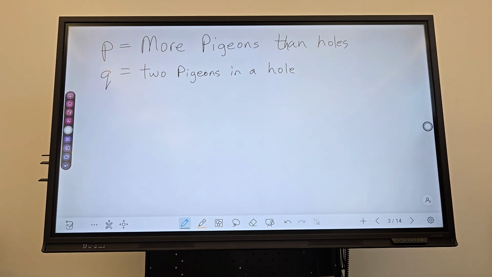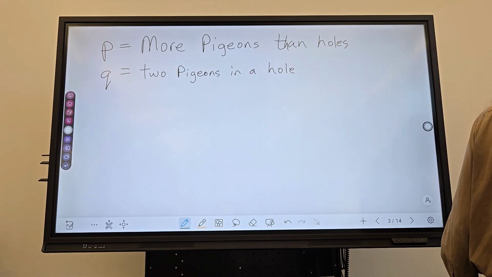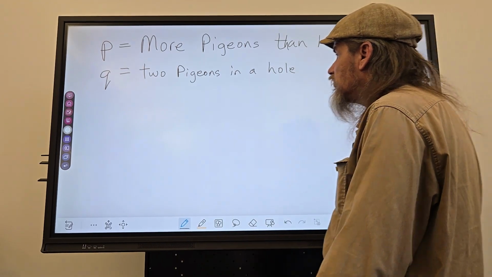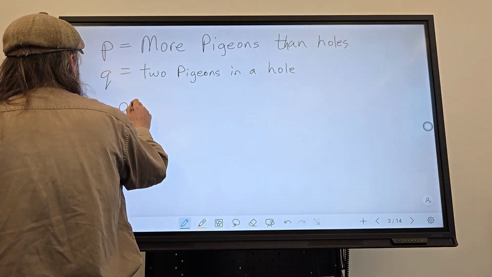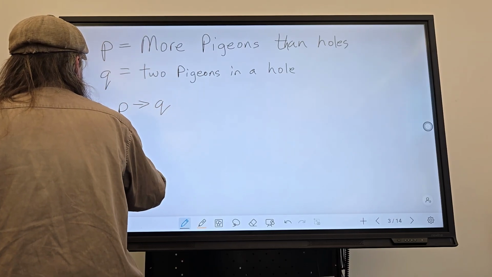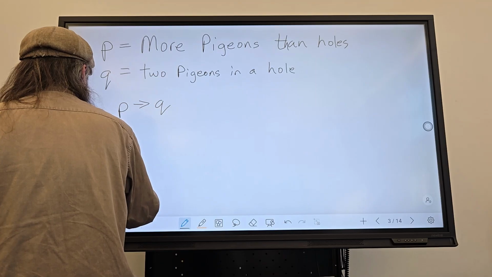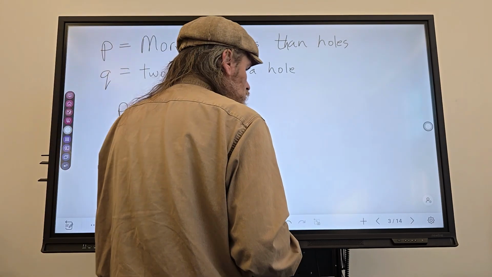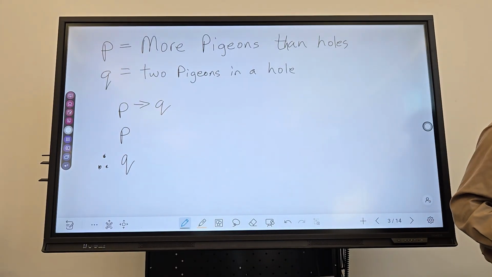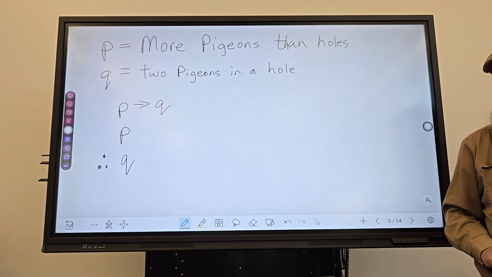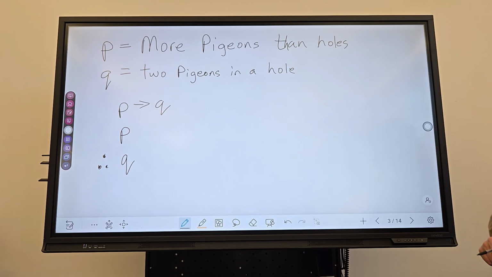There are more pigeons than there are pigeonholes, therefore at least 2 pigeons roost in the same hole. So this has the form of if P then Q, P, therefore Q. Modus ponens. So it's a valid argument, showing that Q is true, that 2 pigeons are in fact in at least one hole.